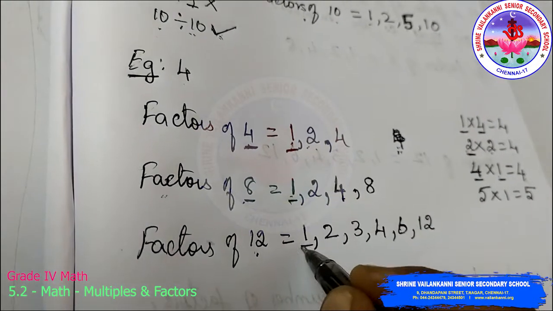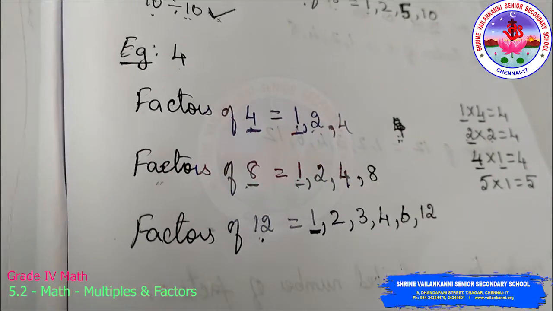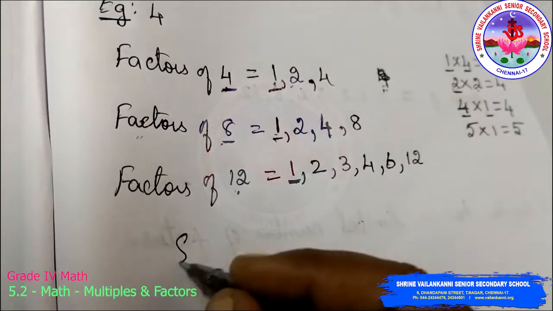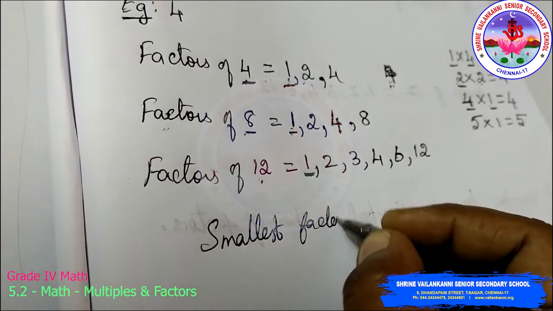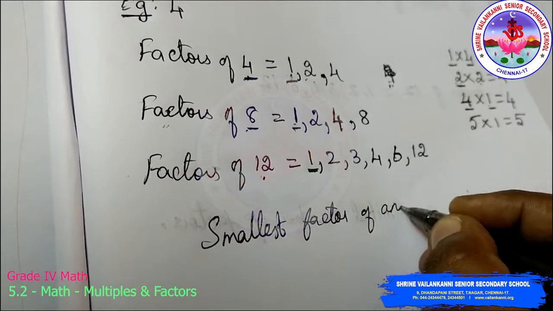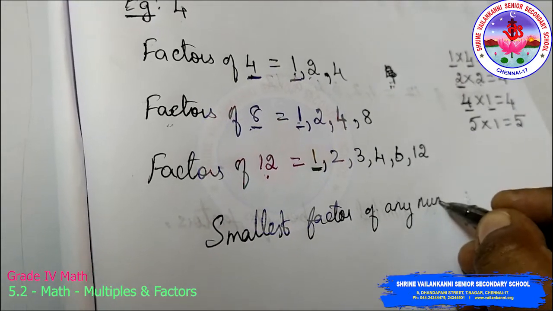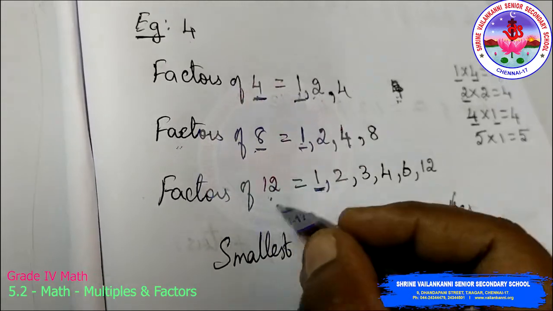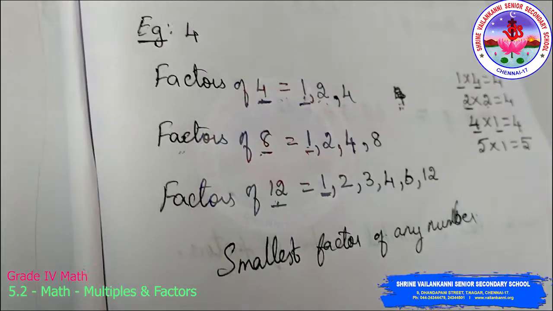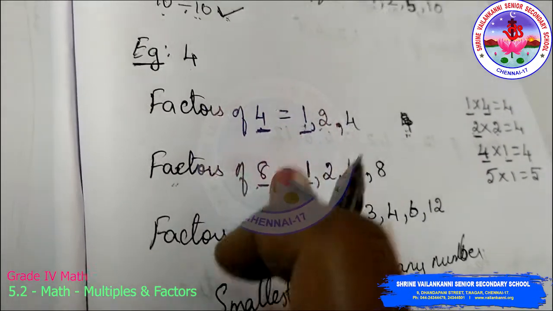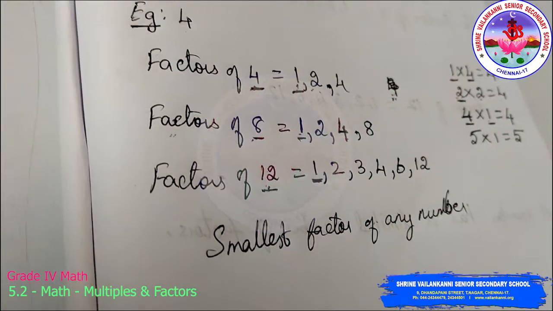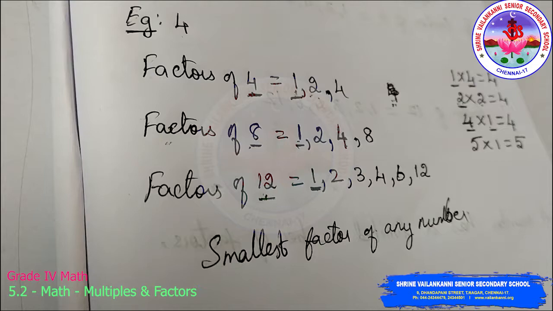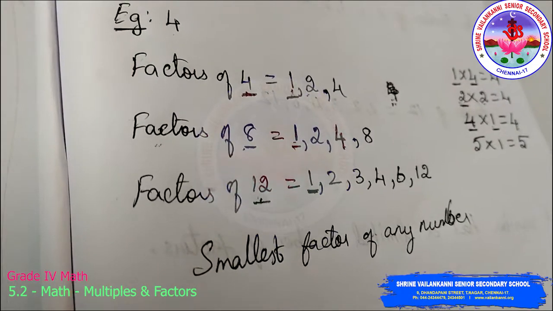Your first factor is nothing but the smallest factor of any number. If you take any number, the smallest factor will be 1. Because in 1 table we will get all the numbers. 1 is a divisor of all the numbers.